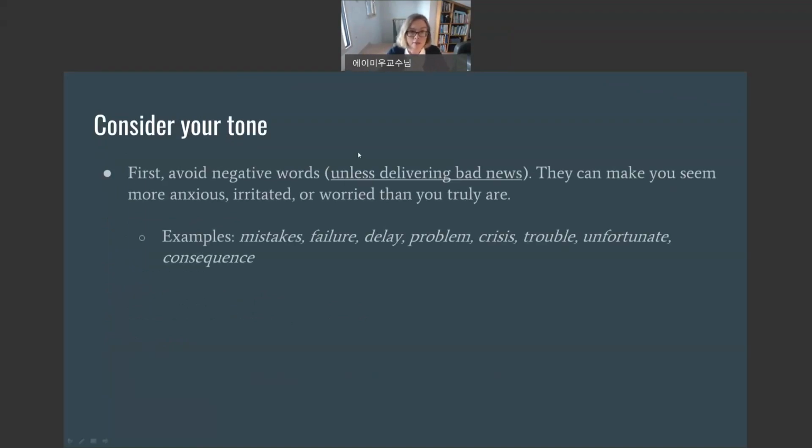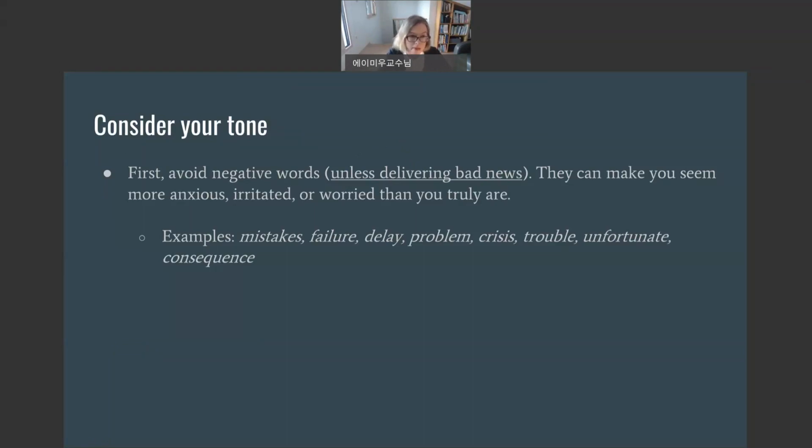First, avoid negative words unless you're delivering bad news, right? Sometimes you can't avoid using some negative words. They can make you seem more anxious, irritated, or worried than you truly are.